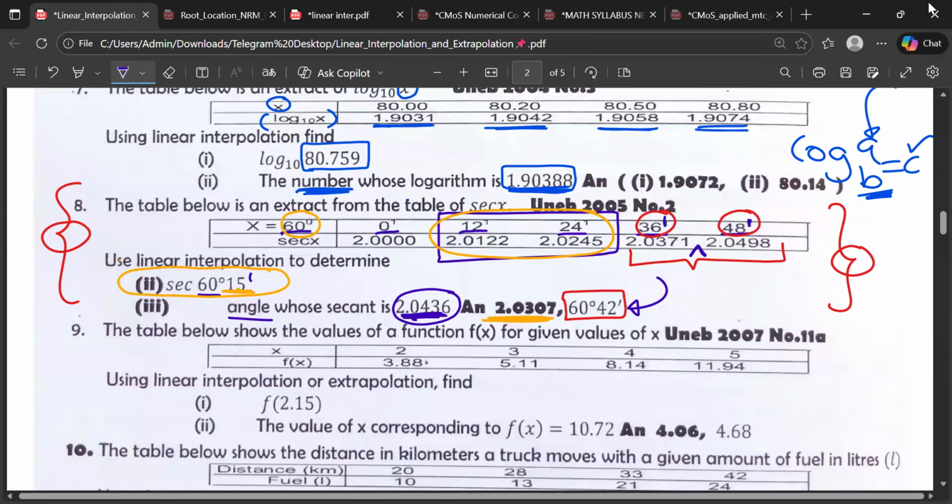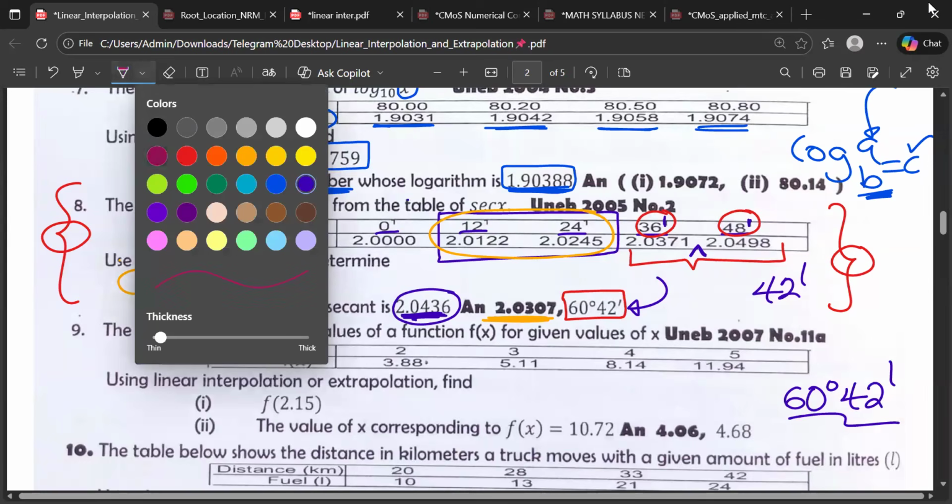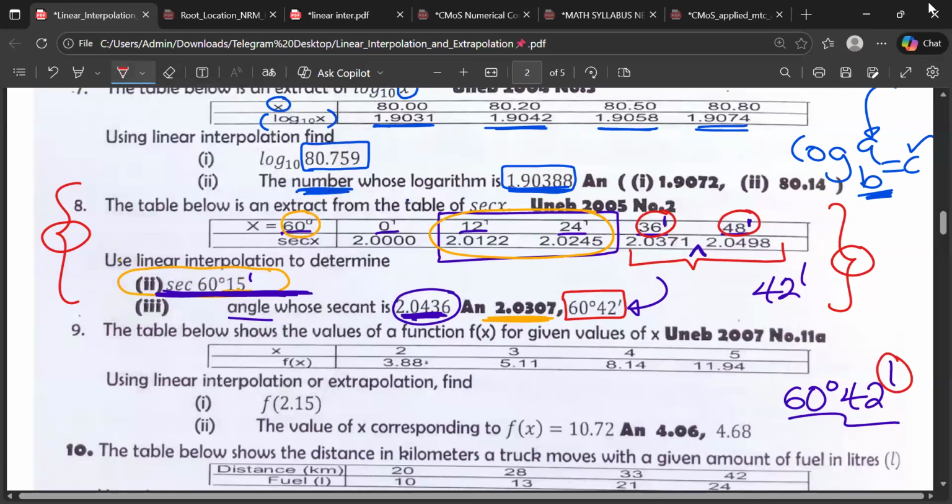Then trust me, the answer you're going to get here will be 42 minutes. But since they want the overall angle, you write it like this. Since I've obtained my answer as 42 minutes, the overall angle is 60 degrees, 42 minutes. So one thing you've learned today at least, is that for minutes and degrees, just use any that you want.